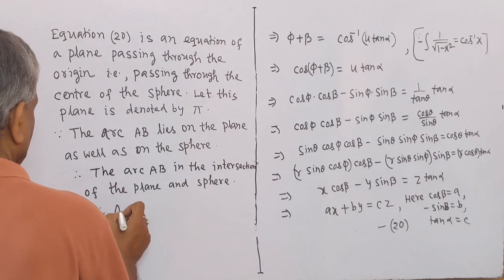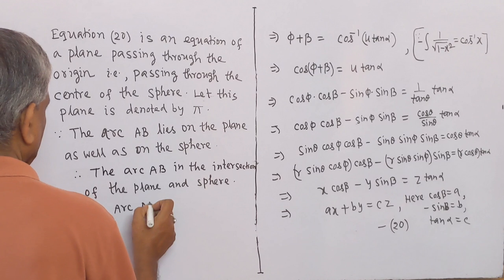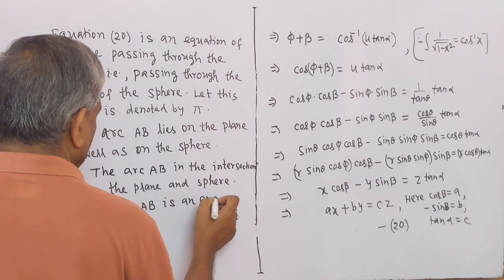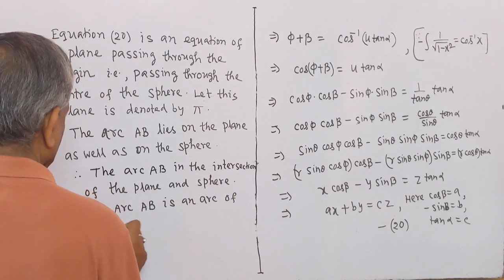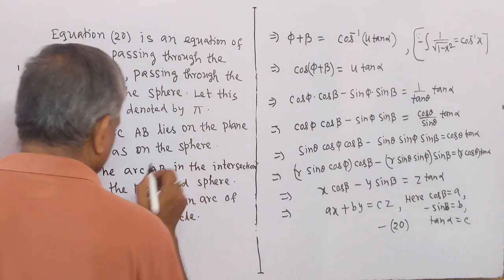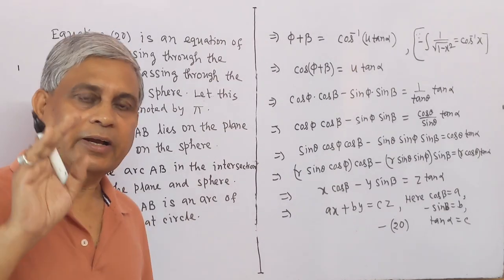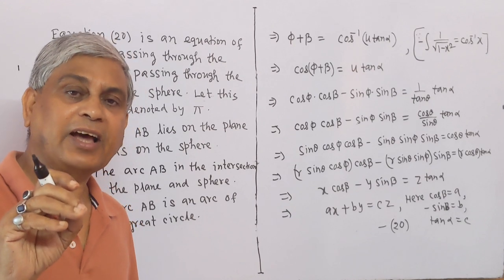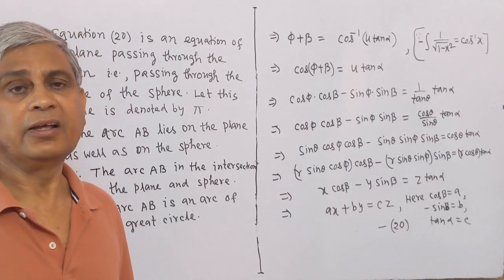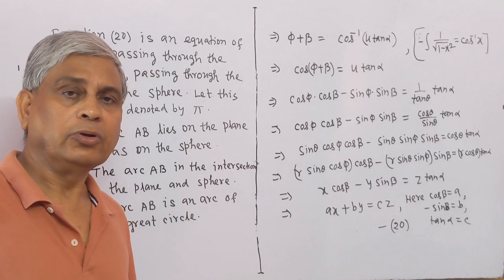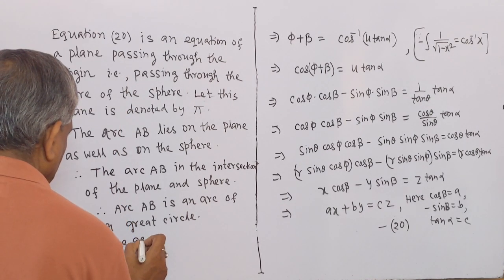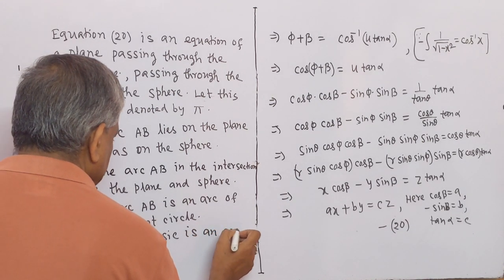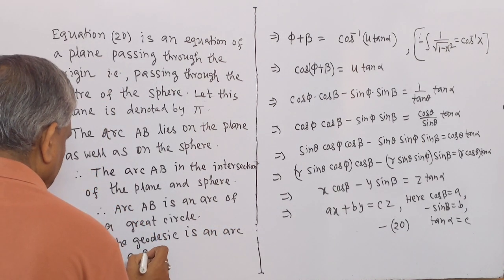Therefore, the arc AB is an arc of a great circle, because a great circle is a circle on the sphere whose center is the center of the sphere, that is, the origin. So the geodesic is an arc of a great circle of a sphere.